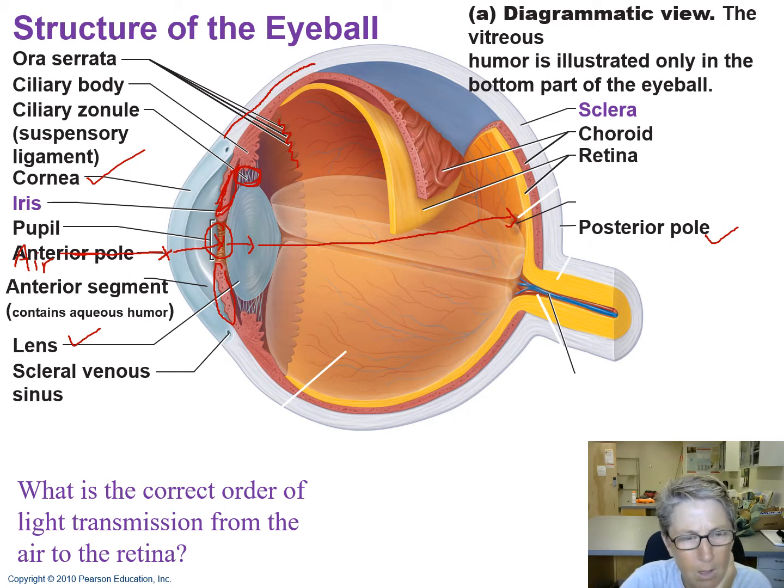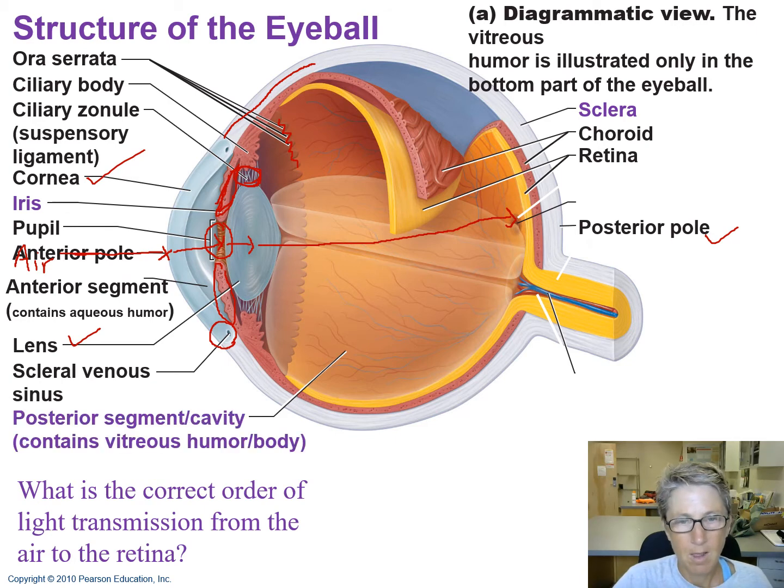What else? Oh, and then this opening here, this is a sinus, a scleral venous sinus, and we'll talk about how you make fluid in your eye and then how that fluid moves around. This posterior segment of the eyeball contains a fluid called the vitreous humor.